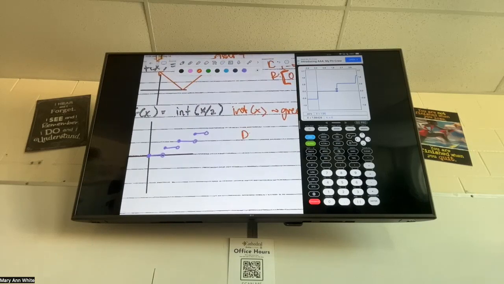Now, my domain here, though, it's still hitting all of my numbers, right? So my domain for greatest integer is still, and it always is, negative infinity to positive infinity. If you remember when we talked about greatest integers as a class, the range is funny, and I would never ask you to do a lot with this graph just because it's funny like this.